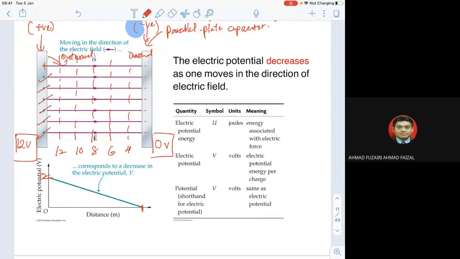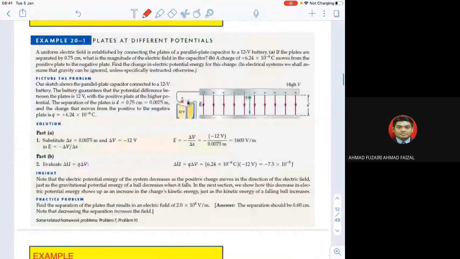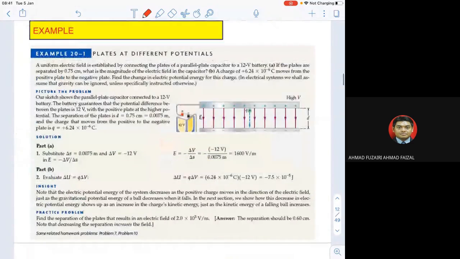All right. So let's look at this very good example. This is not in your textbook, but you can look at this example. A uniform electric field is established by connecting the plates of a parallel plate capacitor to a 12-volt battery.